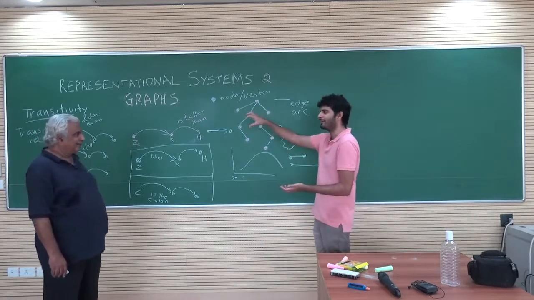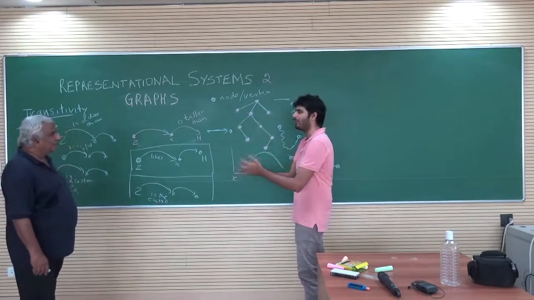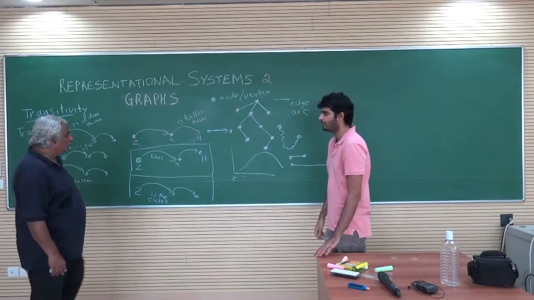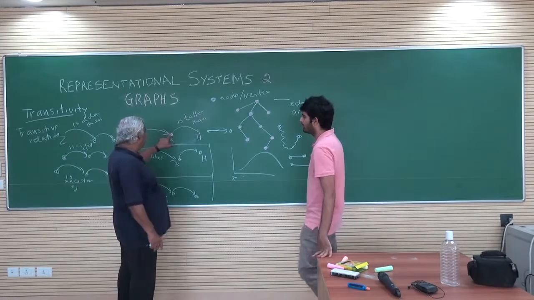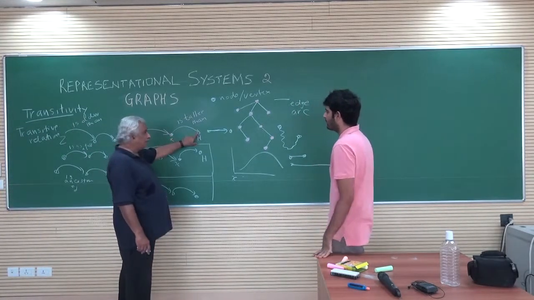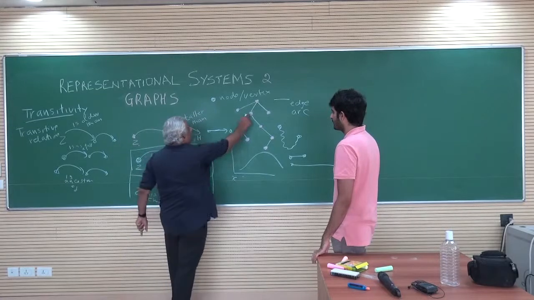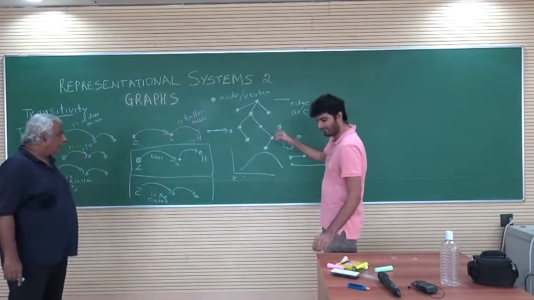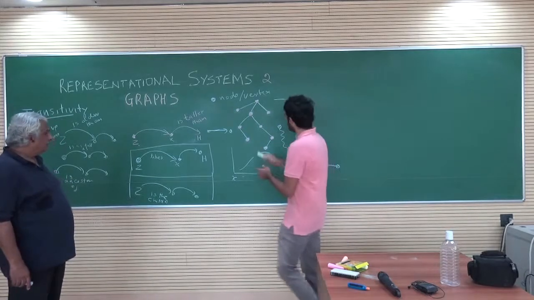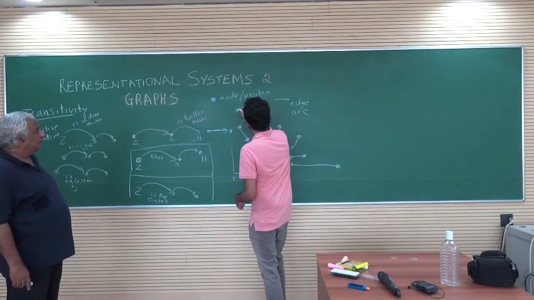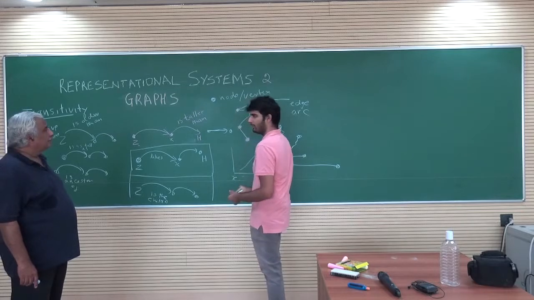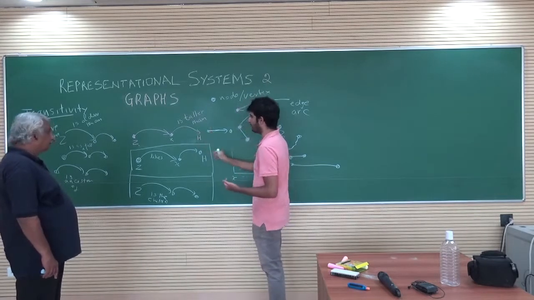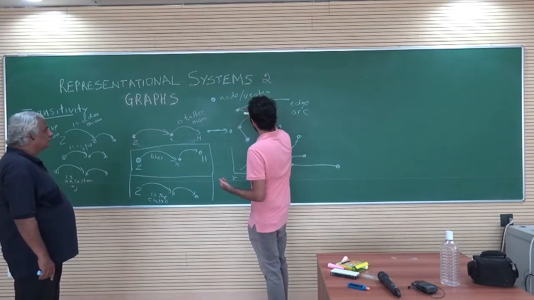So once again, the distinction between what it's representing and the representation is an important thing to draw over here. So what's the difference between drawing an arc like this with an arrow and an arc like this without an arrow? What would be the difference? So you could say that this arrow is the equivalent of something like this. It works in both ways. So that's what that means.